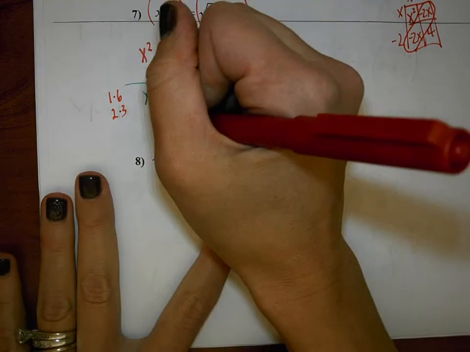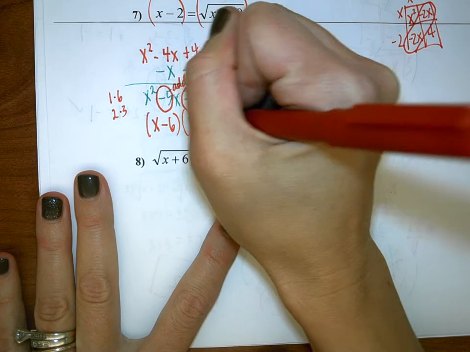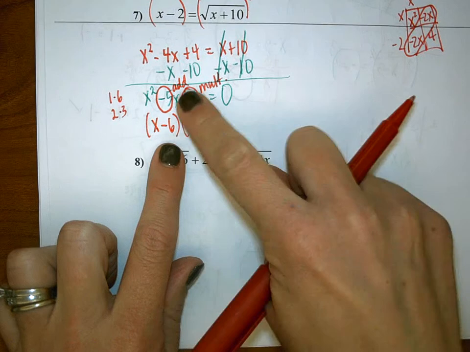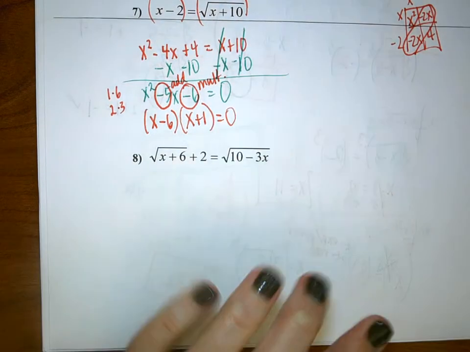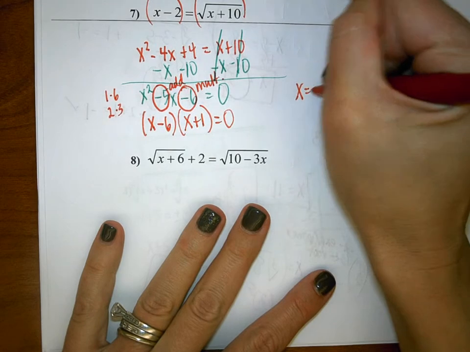Which one is negative? 6. So x minus 6, x plus 1. Always double check. Those do add to be negative 5 and they do multiply to be negative 6. And we set them equal to 0, and they end up equaling what? Positive 6, negative 1. And that is your answer.